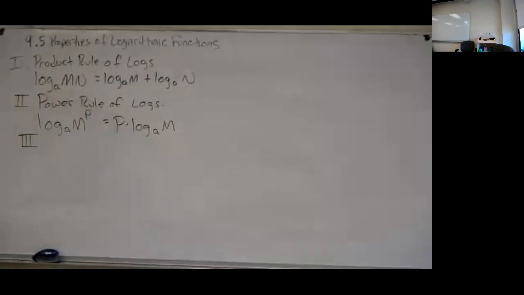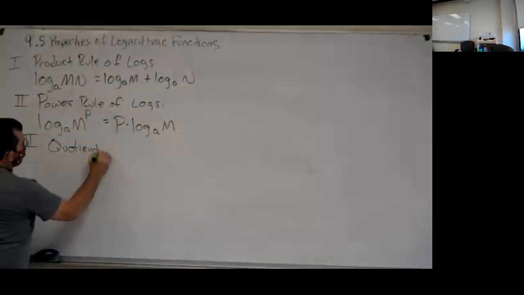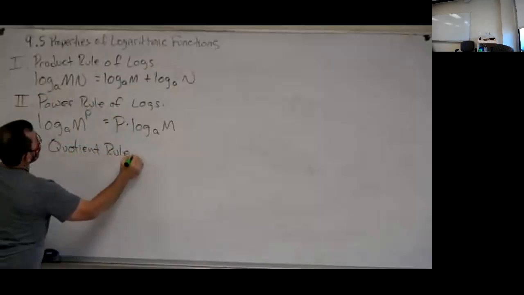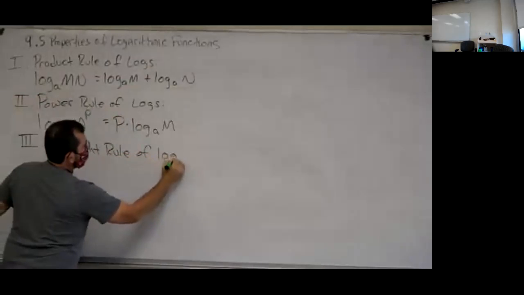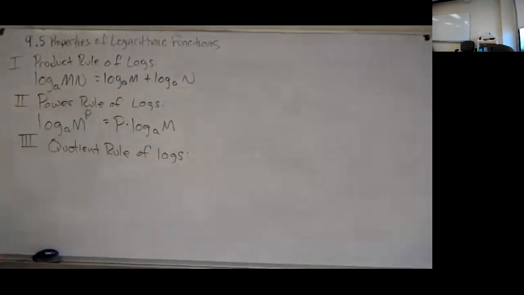Next, we got the quotient rule of logs. So if you remember this, when you were dividing variables, like you had an x to the 5 over an x squared, you subtracted those exponents.